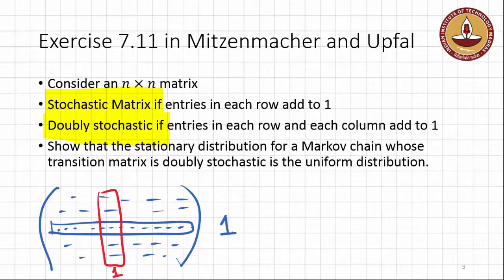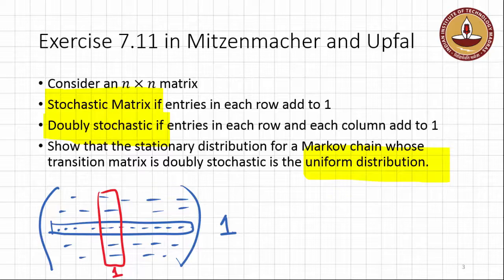And you may recall from our lessons on Markov chains and random walks that matrices are used to represent transitions in a Markov chain. So let's consider a Markov chain where such a doubly stochastic matrix is the transition matrix. The claim is that such a Markov chain is going to have a uniform distribution.